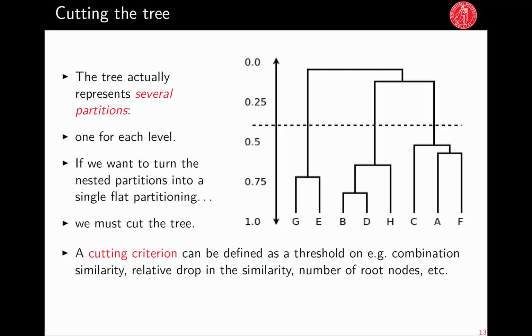Only the root nodes in the structure below that threshold correspond to our final clusters. Or we could, like we do for k-means, just specify in advance some number k of clusters we want to find and say that, okay, once we have k number of root nodes in our structure, then we're happy, then we stop clustering.